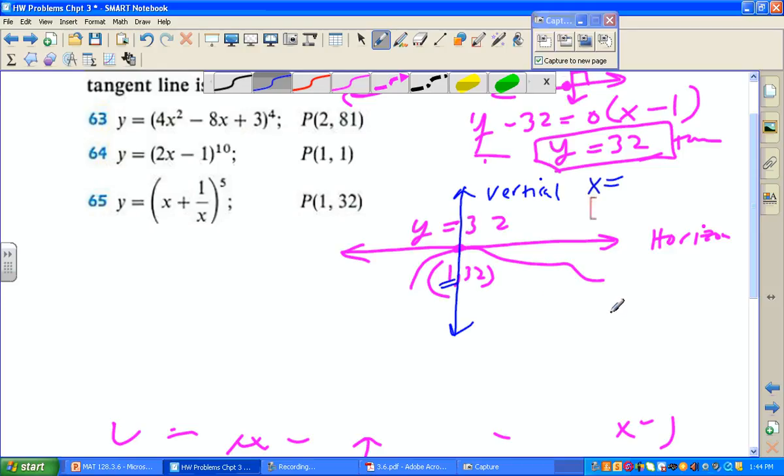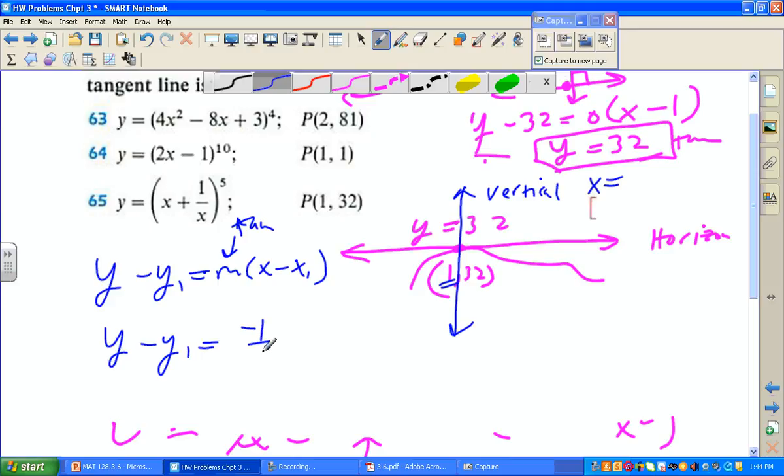So how would you find that it wasn't? You would do y minus y1 equals m times x minus x1. I use a slope here for tangent from your derivative. I do the same equation, only I put the opposite reciprocal for the normal.